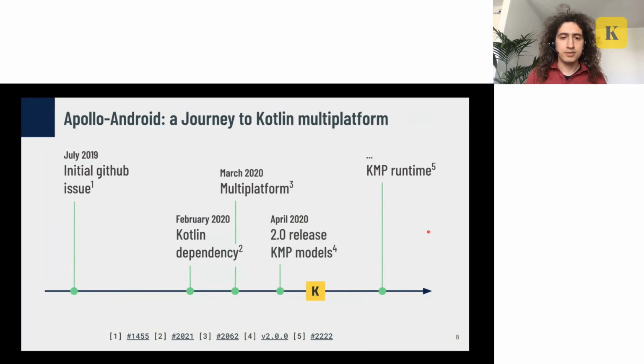We finally released the library with Kotlin multiplatform support with the API and the code generation, like Martin mentioned, in April. And now we are at Kotliners conference, and right now we are working on the new runtime, which Ivan will be talking more about.